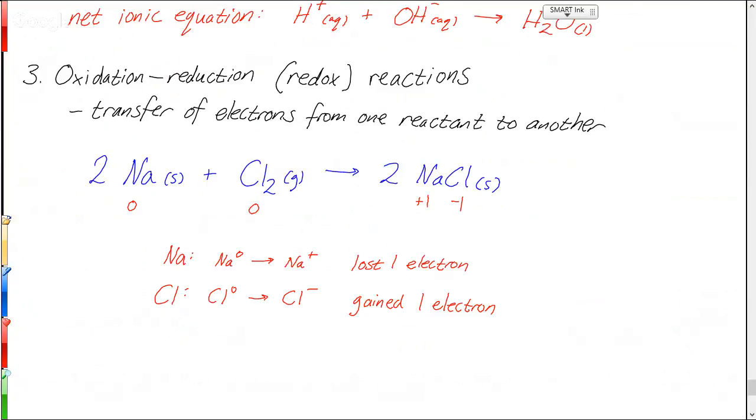If you lose an electron, that's called oxidation. And if you gain an electron, that's called reduction. So we would say that the sodium has been oxidized and the chlorine has been reduced.